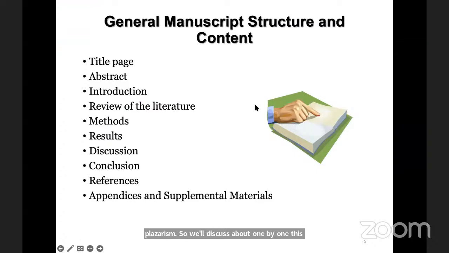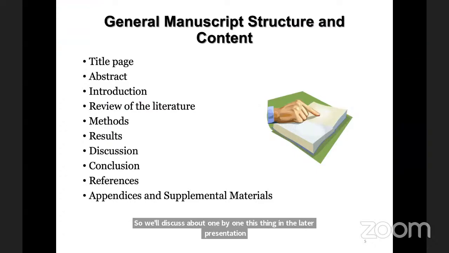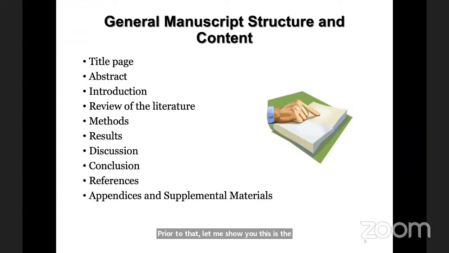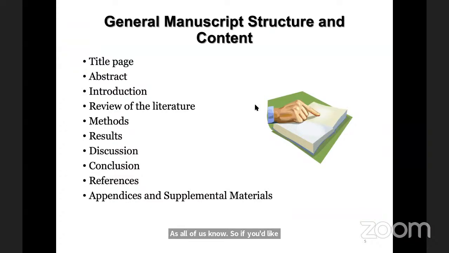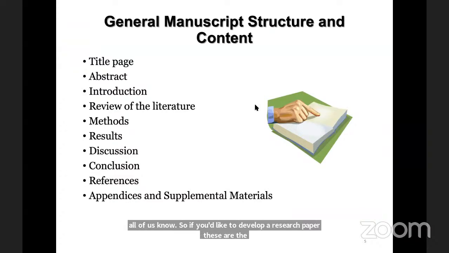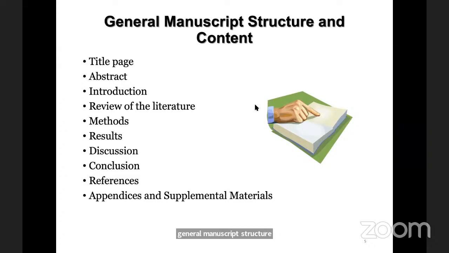Prior to that, let me show you the general manuscript structure and content, as all of us know. If you'd like to develop a research paper, these are the general manuscript structure: from beginning to last, title page, abstract, introduction.